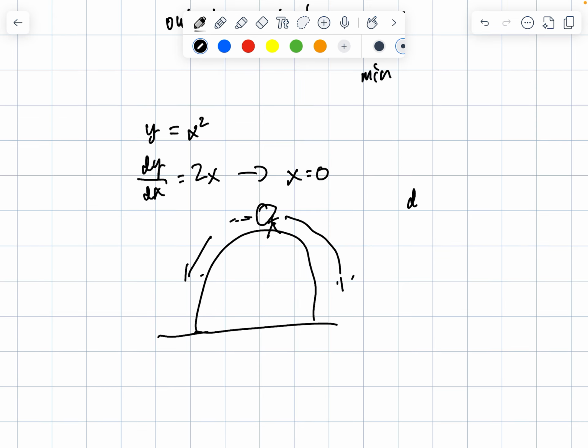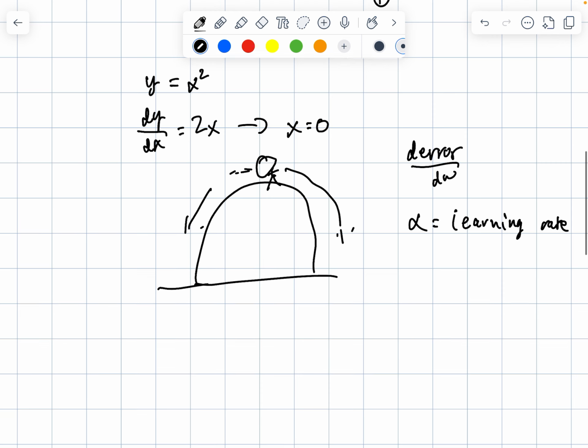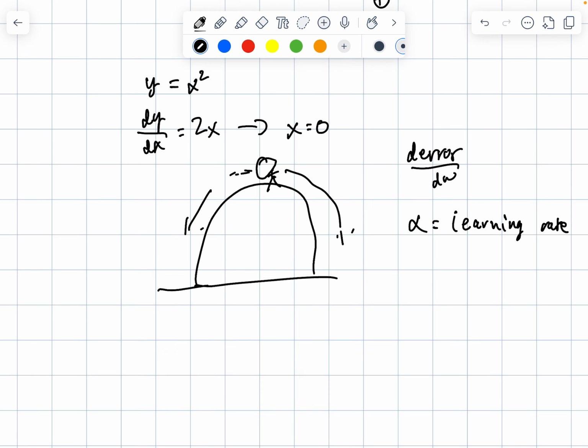So your d error, and then the actual step is this other term which we call alpha, which is your learning rate. Gradient descent is just the idea of updating weights, right?